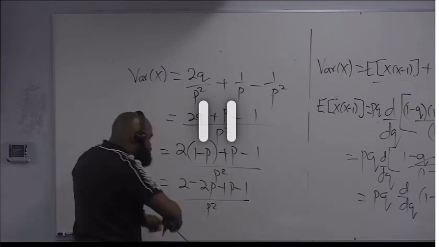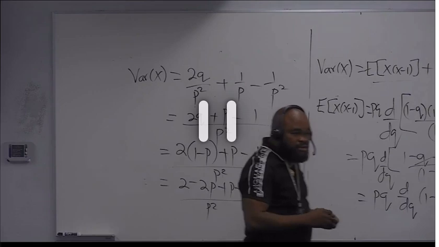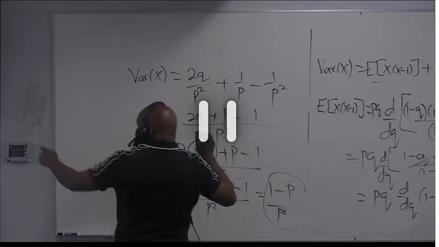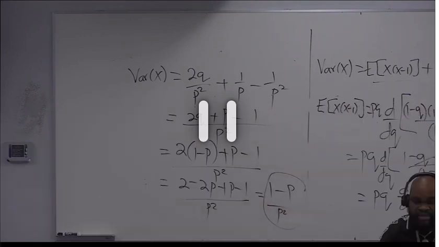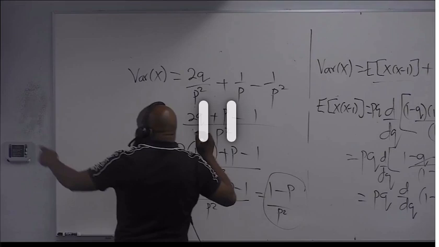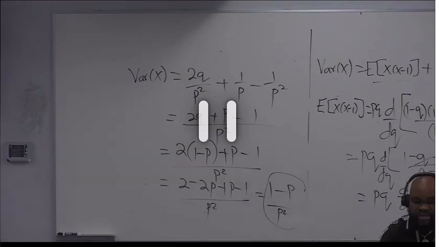Can you see that? That is the variance. And of course, the square root of that will be the standard deviation.